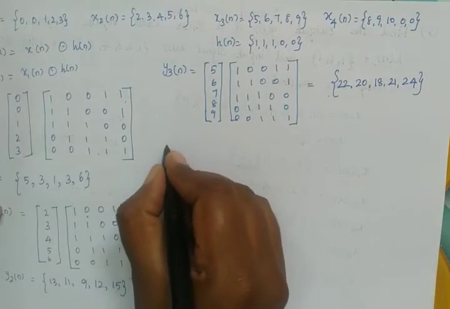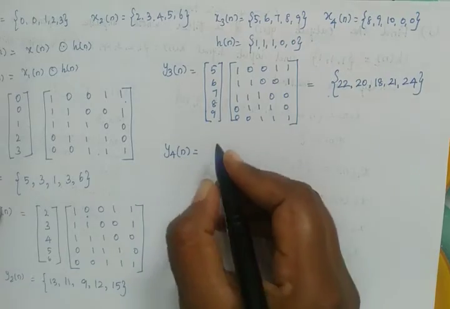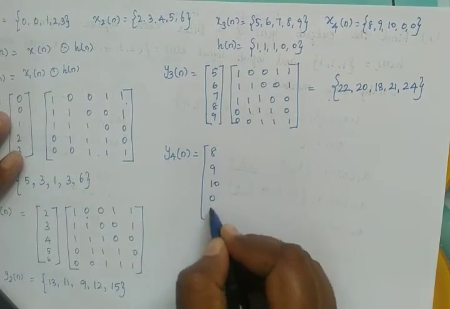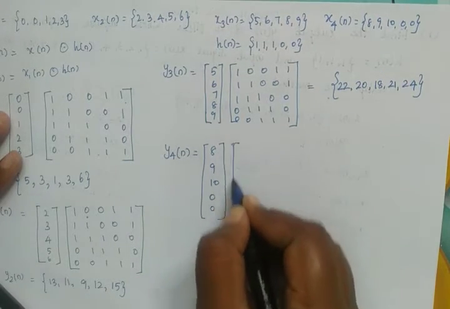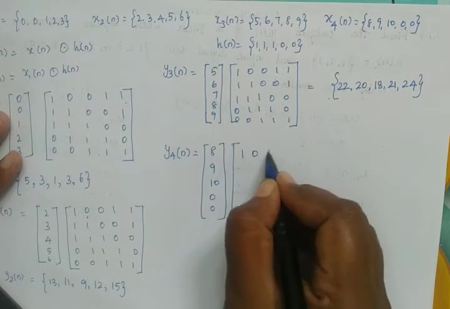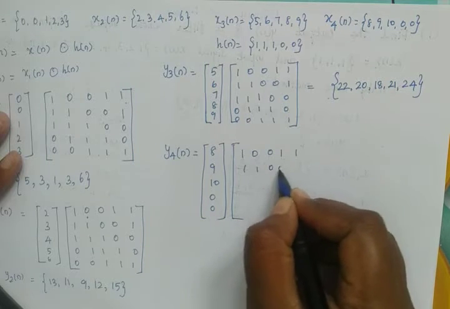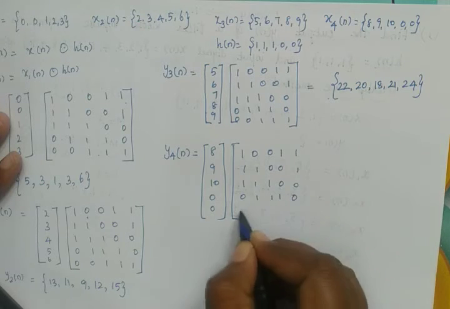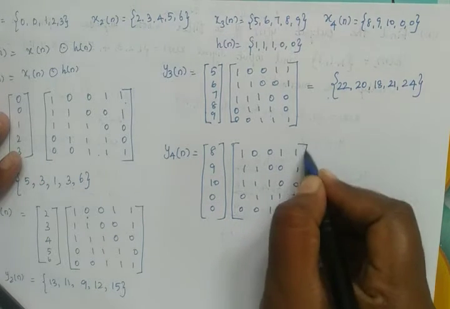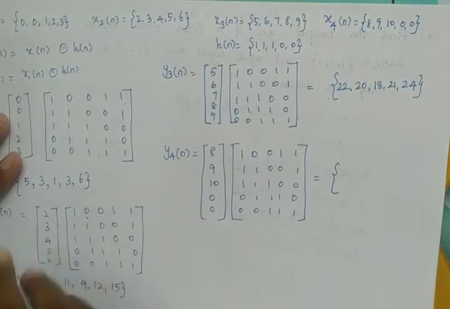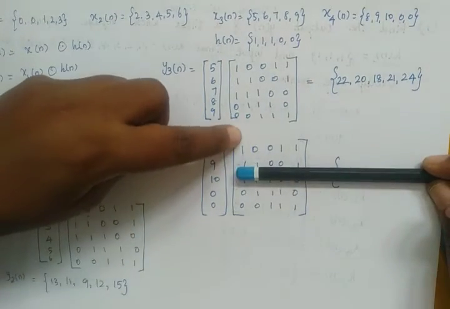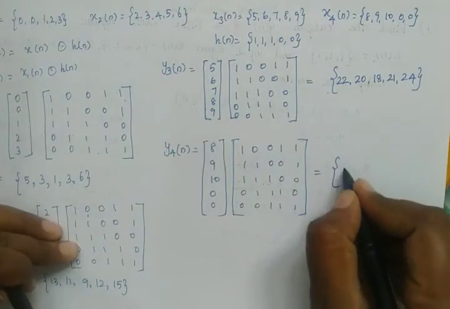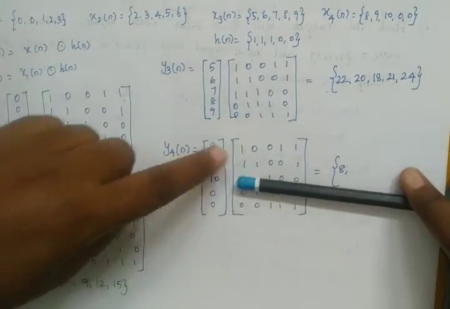Then y4 of n. What is y4 of n? That is x4 of n. That is 8, 9, 10, 0, 0 into. Now let us write this 1, 0, 0, 1, 1, 1, 0, 1, triple 1, 0, 0, triple 1, 0, 0, triple 1, which is equal to, let us do the matrix multiplication. So here 8 plus this is 0, this is 0, 0, 0. So answer is 8. Then here it is 8 plus 9.